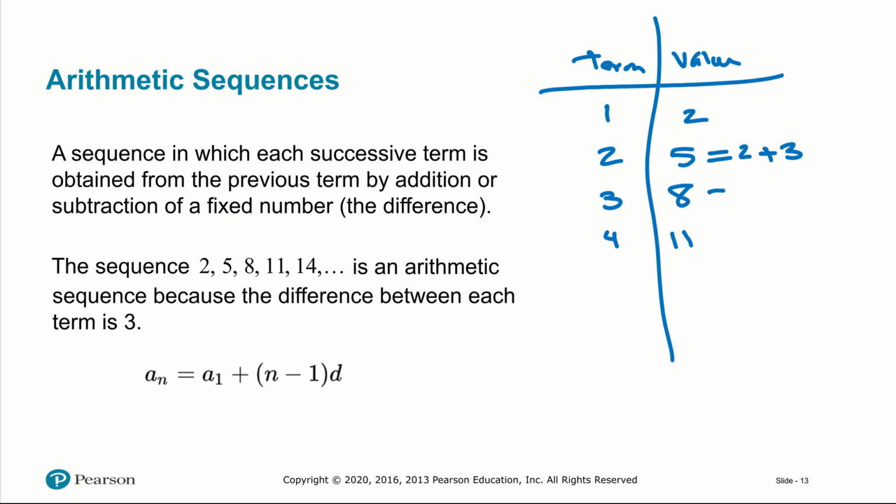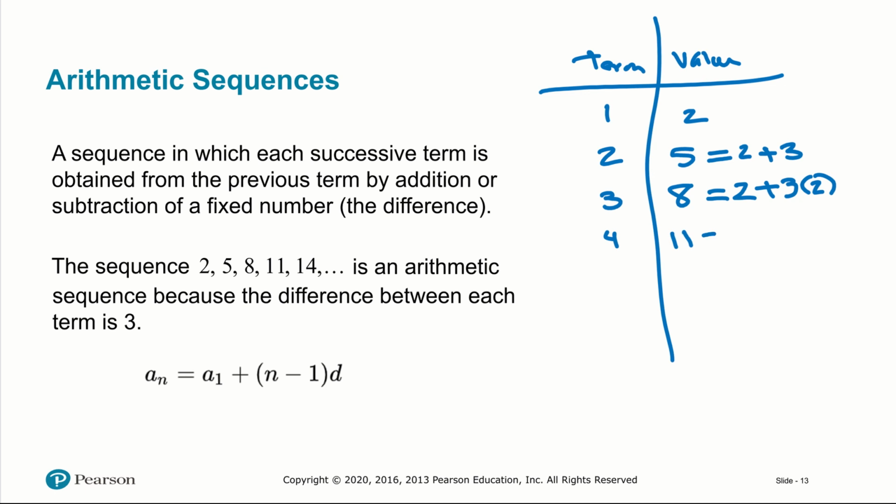Now, the question is, can I write the third term also in terms of that first term? And I noticed that I can. I would just have to start with that first term and then add that to two of those common differences, or 2 3s, right?